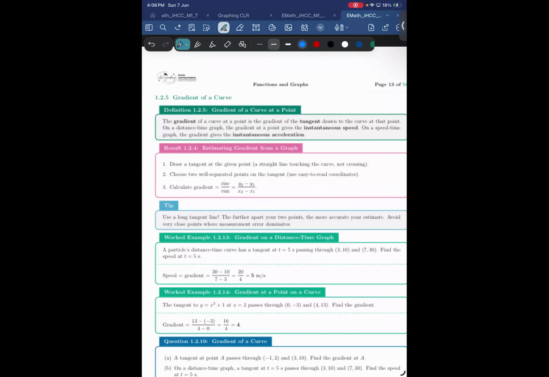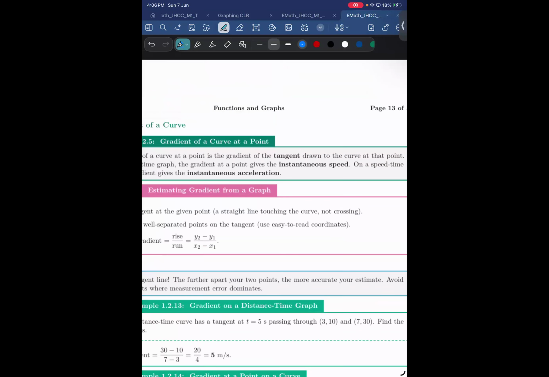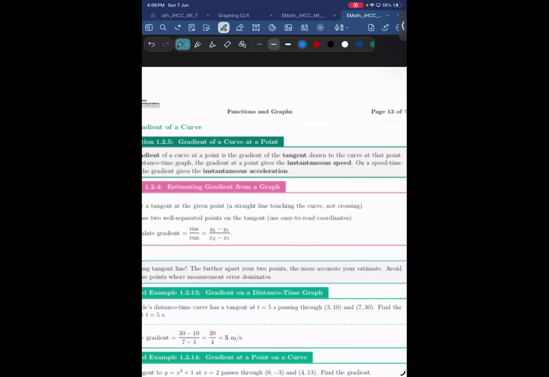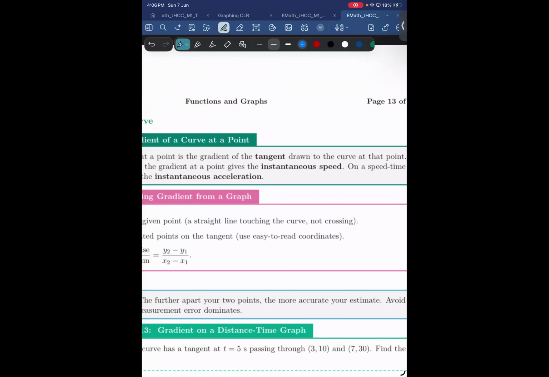You'll be asked to sketch a tangent, to find the gradient of a curve at a point. In A-Math you can differentiate and find the gradient at any point. But for E-Math, if you want to find the gradient at a particular point on a curve, what you must do is draw a tangent.